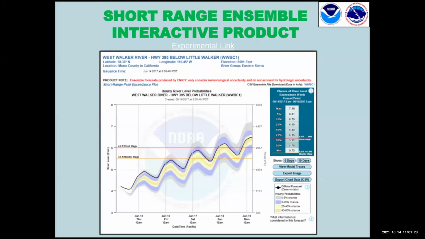Now we'll talk a little bit about our short range ensemble forecasts. We provide ensemble streamflow forecasts for hundreds of locations. And just a little background on that: the ensemble streamflow forecast basically takes into account short range weather model uncertainty within the first couple of weeks.